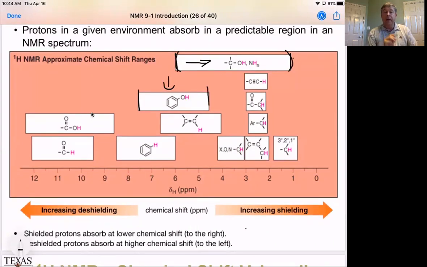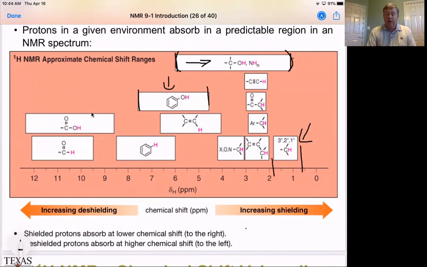Okay. Now, the next most common thing we have here is just your aliphatic hydrogens. Anytime they're primary, secondary, or tertiary and just bonded to a carbon with only sp3 hybridization, we're going to see those down here at the lowest number, most upfield of any of our protons.